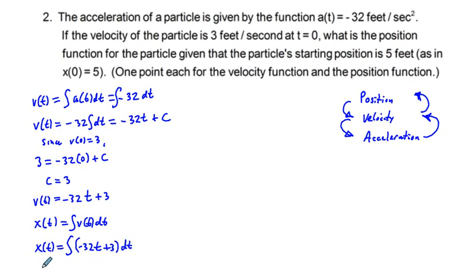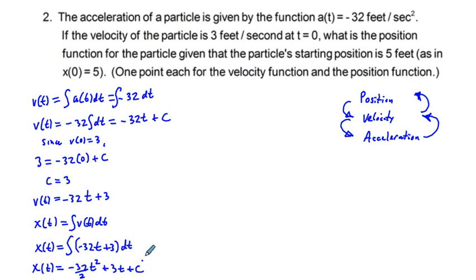And integrating this, we have x of t is equal to negative 32, we have t squared over 2, and then we have plus 3t plus c.